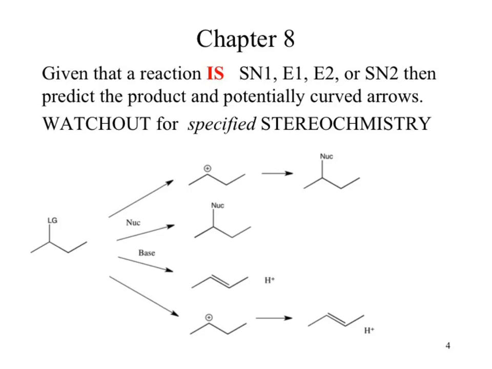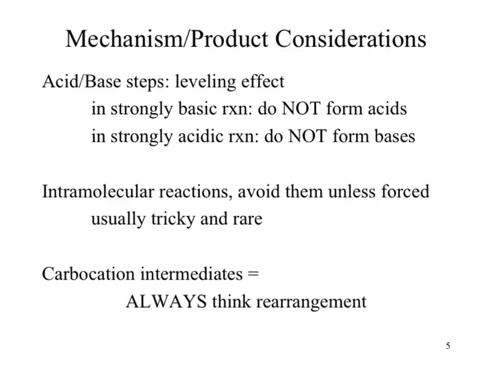So Chapter 9 is now looking at the details of your substitution and your elimination and looking at everything that's changing, the things that control each of those mechanisms, and saying, okay, that means this is going to be more important for this mechanism, and it's incredibly irrelevant for this mechanism. And all of that comes back to really having a fundamental understanding of the mechanisms involved with this. Okay?